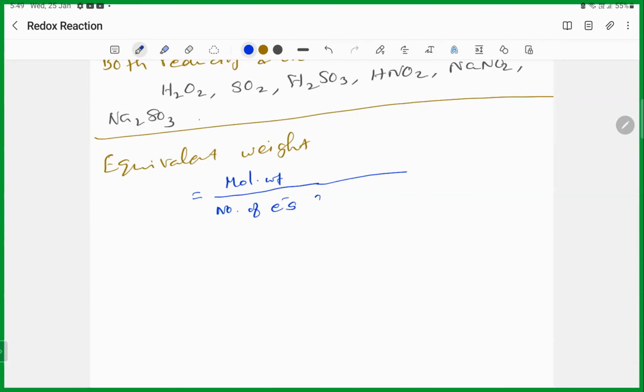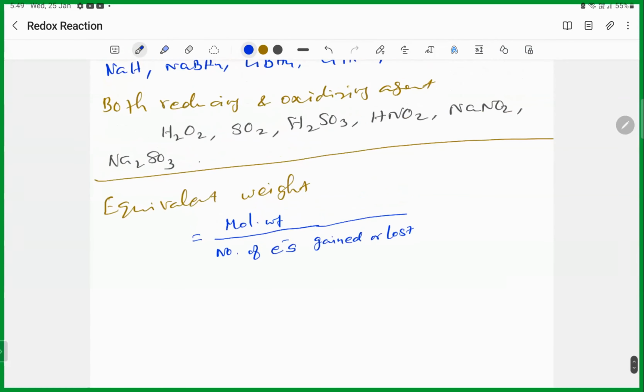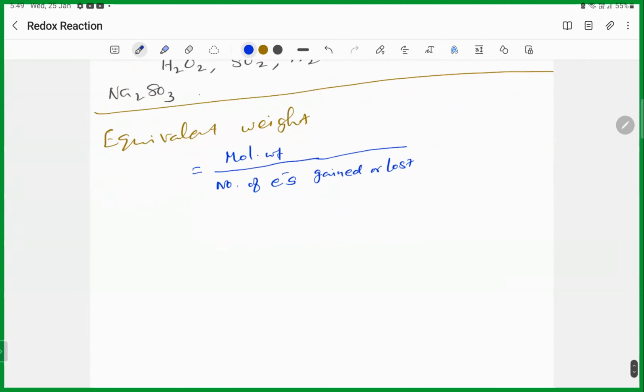Electrons gained or lost. This is for equivalent weight of oxidant or reductant, or otherwise equivalent weight of oxidant reductant.